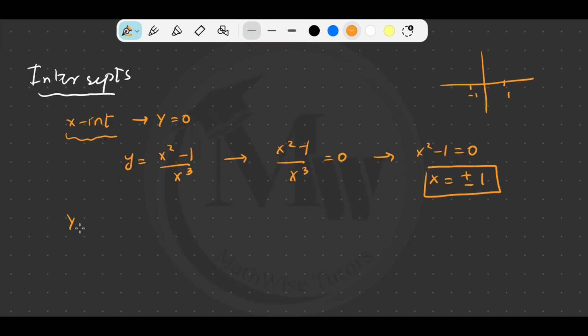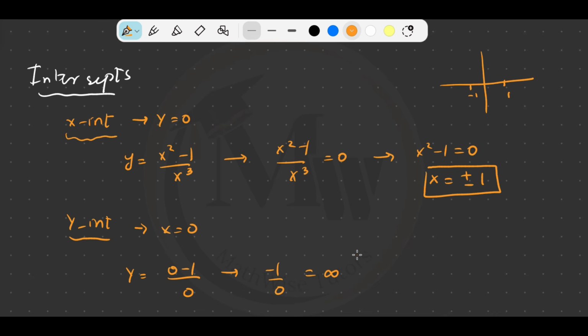Now the y-intercept. For the y-intercept we have to put x equals 0. So see, we have this function y equals (0 − 1)/0. So −1 divided by 0 is undefined. It means there is no y-intercept, because a y-intercept would be a value of y, but it shows that y is infinite.